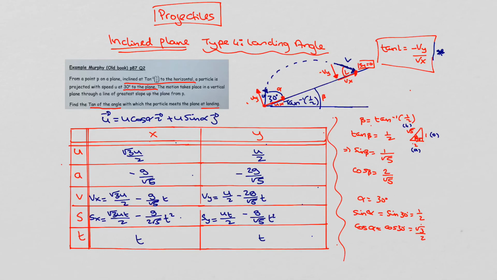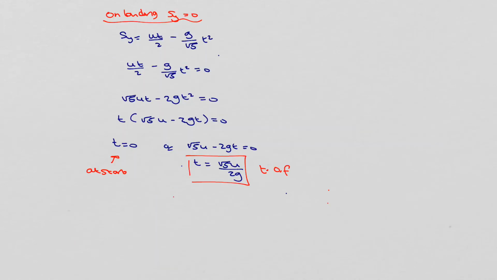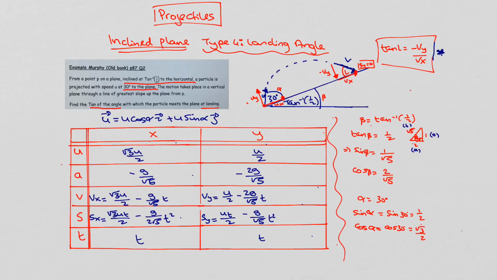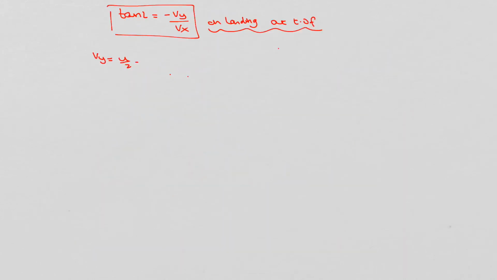So we have Vy is equal to U over 2 minus 2G over root 5 T. Of course, our time of flight we have to sub in, so we have minus 2G over root 5 times our time of flight, which we said was root 5 U over 2G.